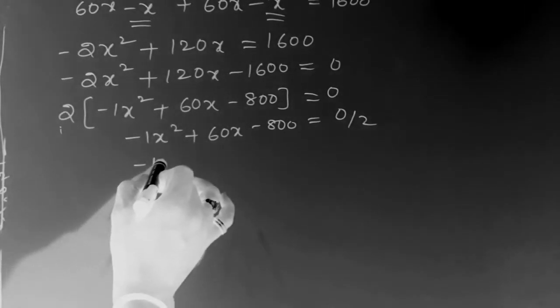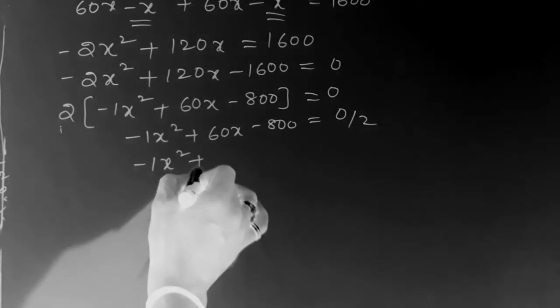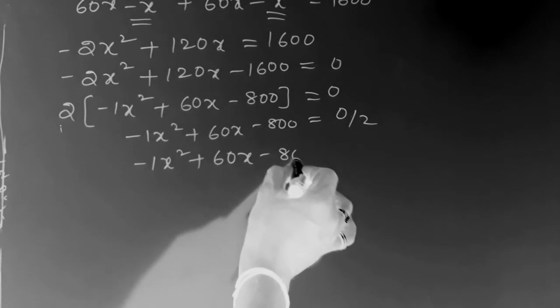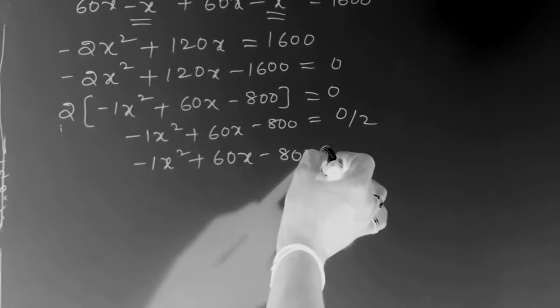So finally we are left with minus x square plus 60x minus 800. Resolve into factors.